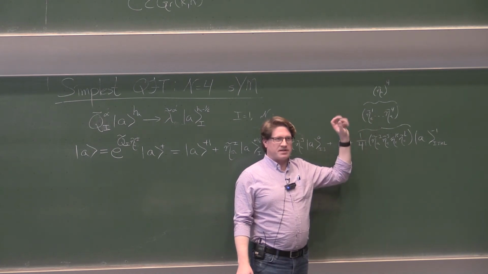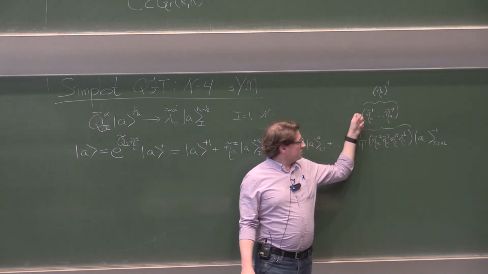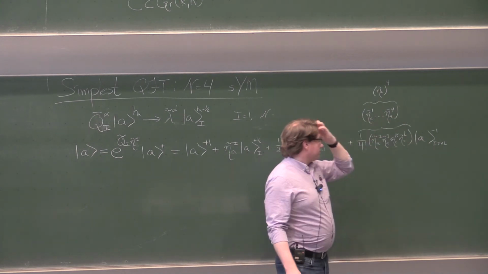Those anti-commute, that doesn't happen. This is all 4 charges, okay? I equals 1 all the way up to I equals 4 for n equals 4.